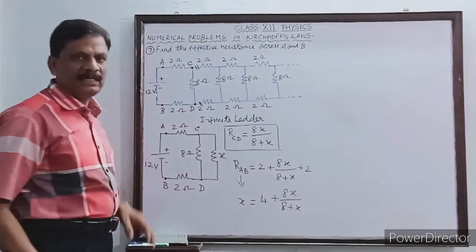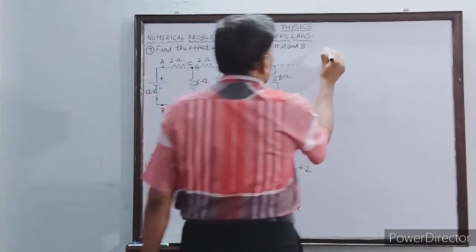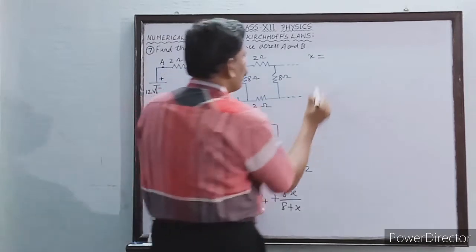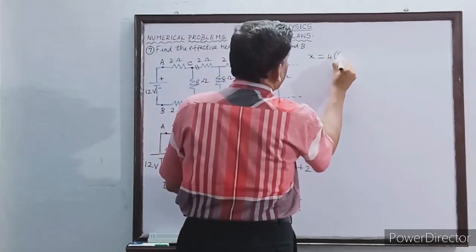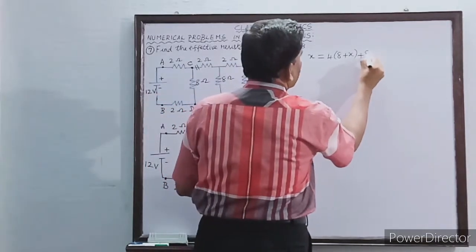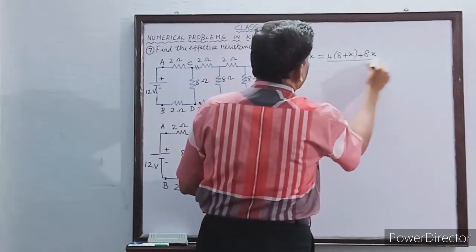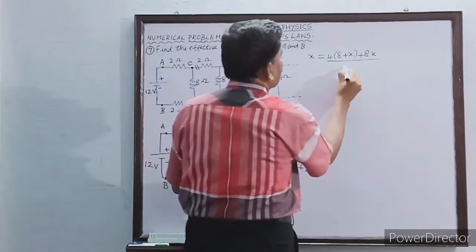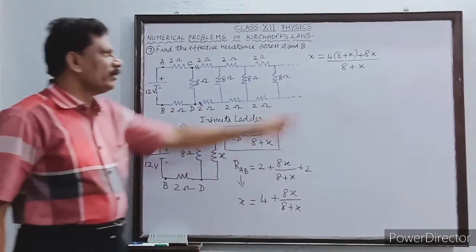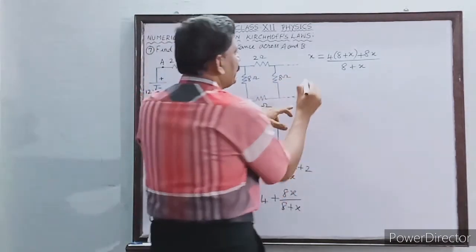I'm going to take the LCM. So x is equal to 4 into 8 plus x plus 8x, okay, plus 8x whole divided by the LCM, which is 8 plus x. Now you cross multiply. Bring this 8 plus x to the left side.